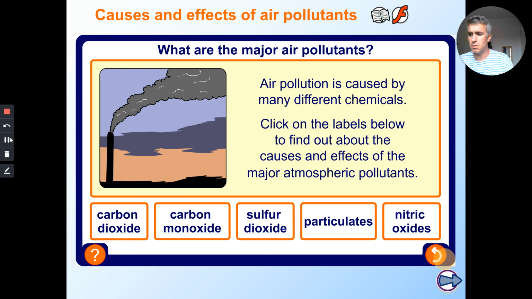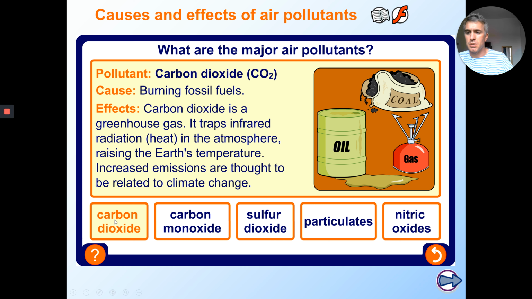So let's go through one by one. Carbon dioxide. Carbon dioxide, what is the cause? It comes from burning fossil fuels. You know about that. We mentioned that last time. Burning coal, oil, and gas. These things trapped carbon into the Earth's crust many years ago, and then by burning them, we release it.